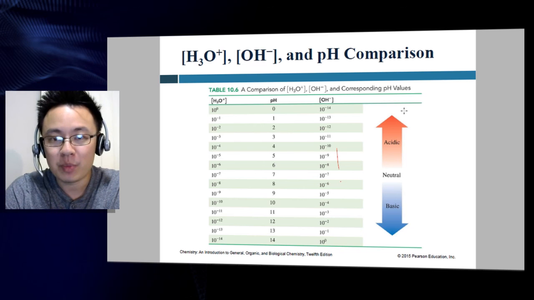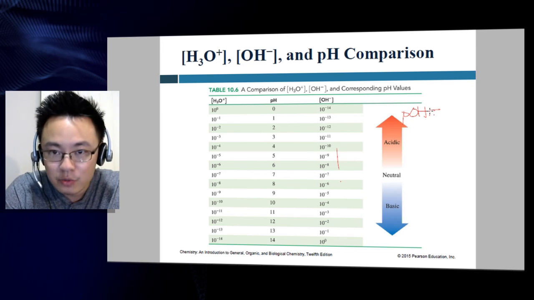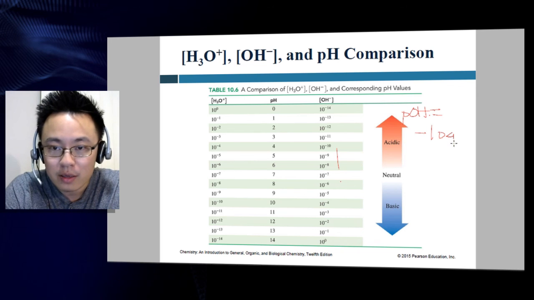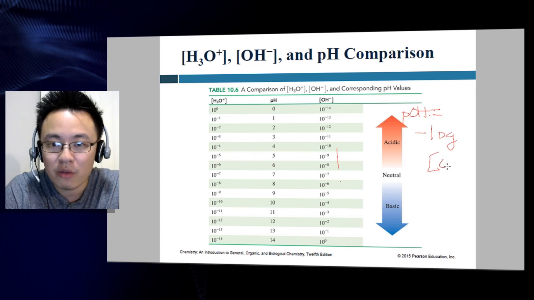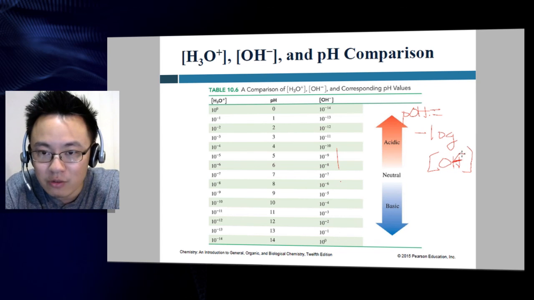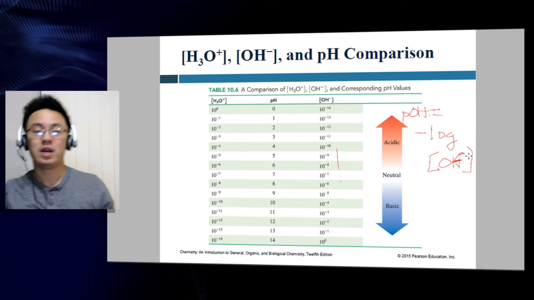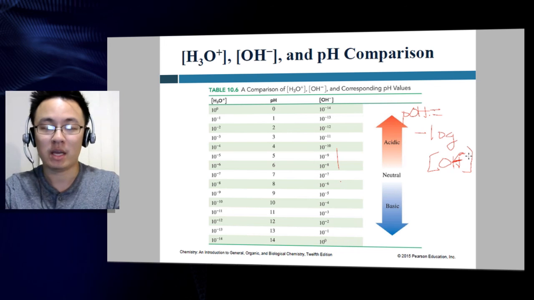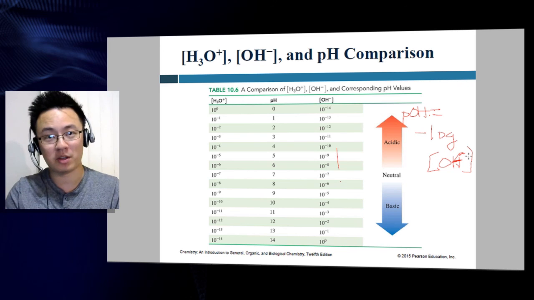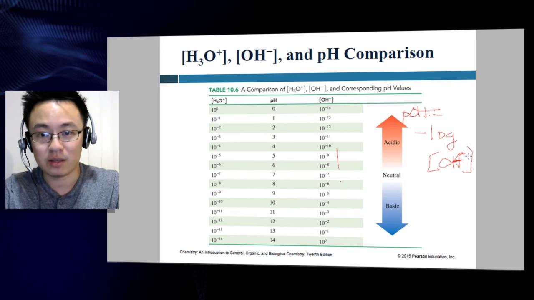The pOH of a solution is equal to the negative log of the concentration of the hydroxide ion in your solution. You can definitely use that equation if a professor might flip-flop them on you, and asks, hey, what is the concentration there?